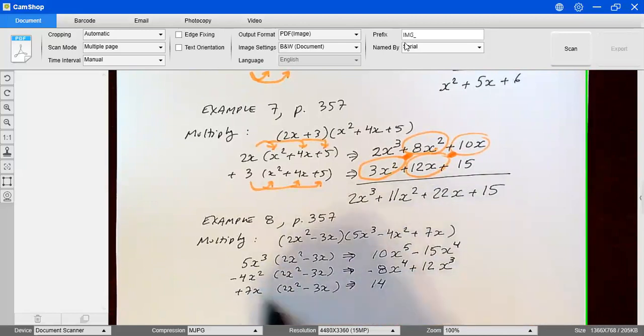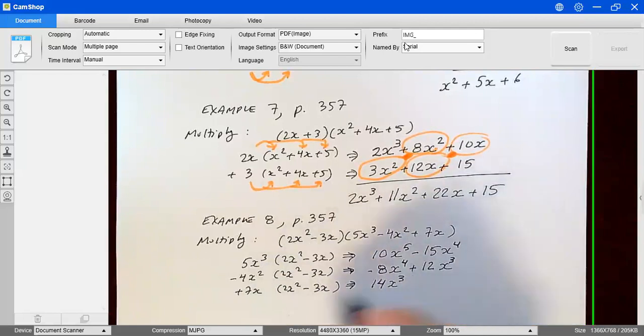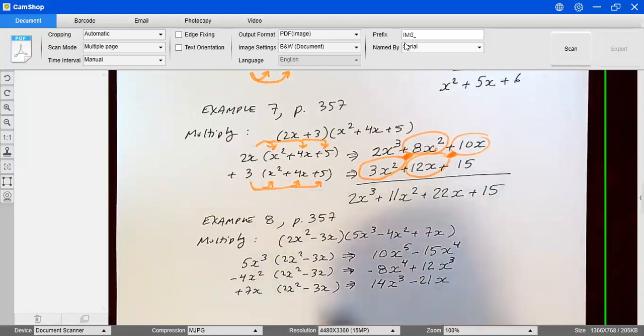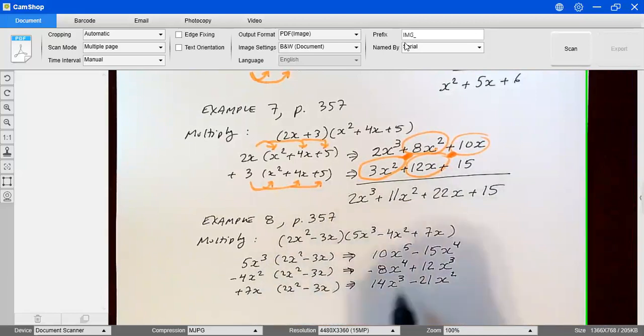Then x times x squared is going to be x to the cube because 1 plus 2 is 3. And finally, positive times negative is negative. 7 times 3 is going to be 21x to the 2nd power because 1 plus 1 is going to be 2.